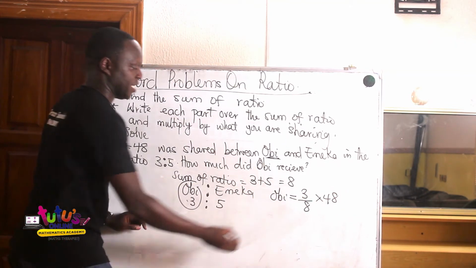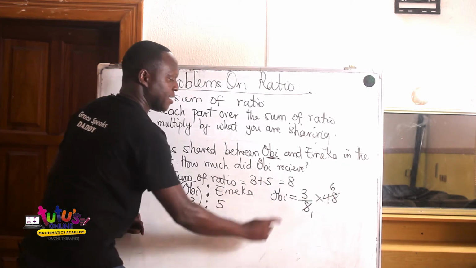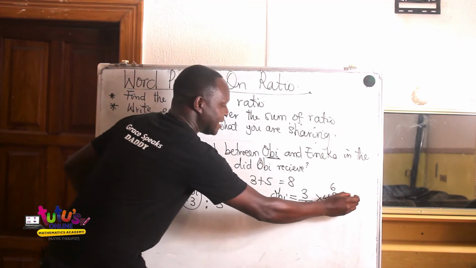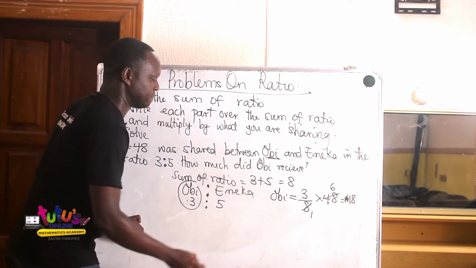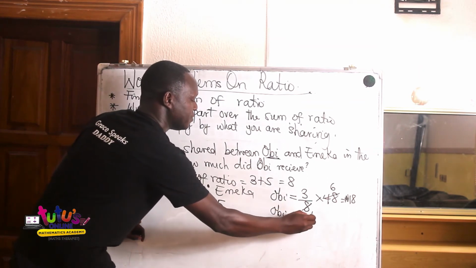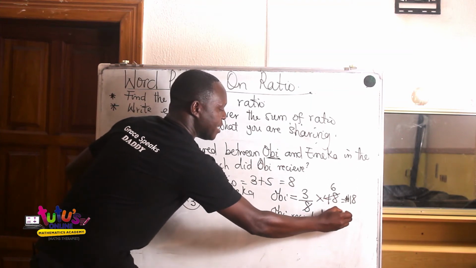So we solve. 8 into 8 is 1, 8 into 48 is 6. 3 times 6 gives us 18 naira. Don't forget your units. Very, very vital. So Obi received 18 naira.